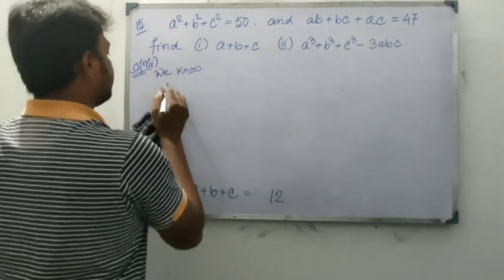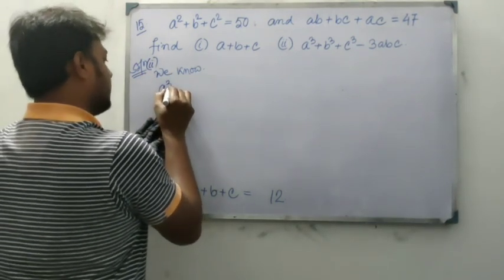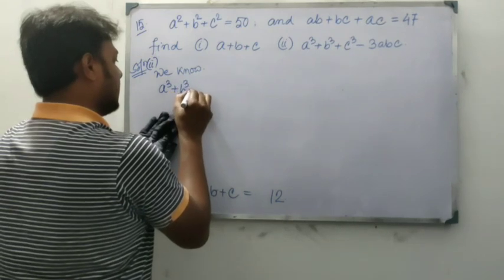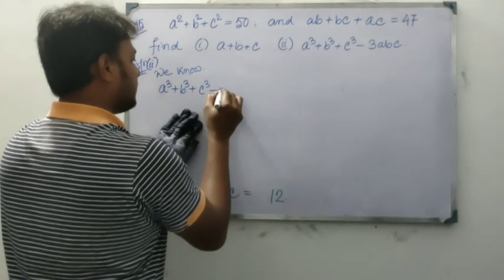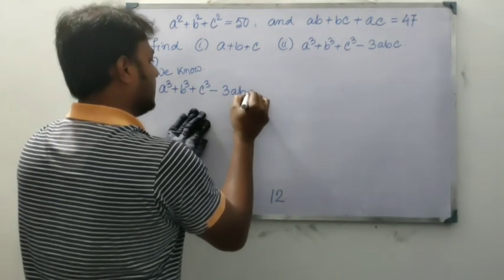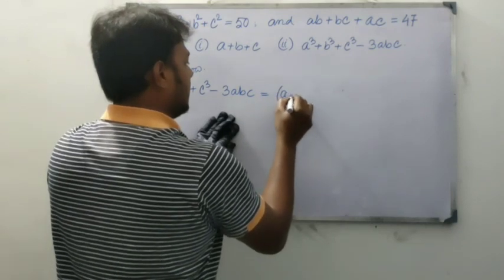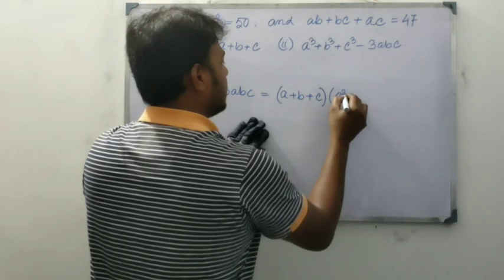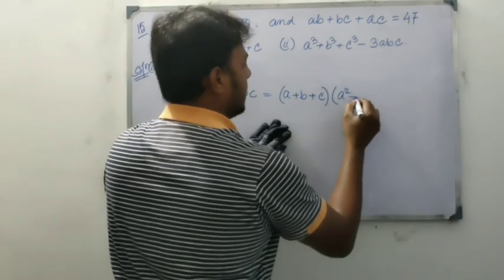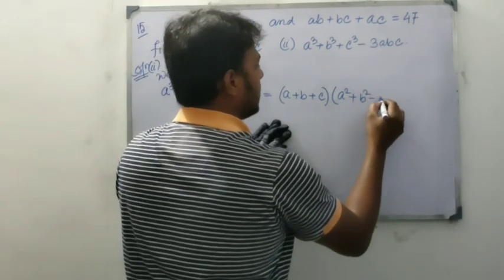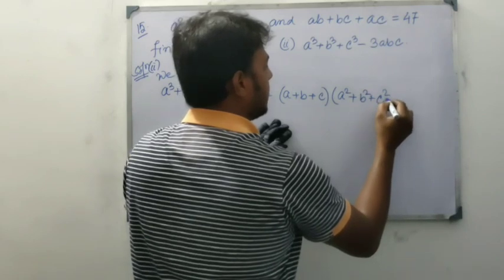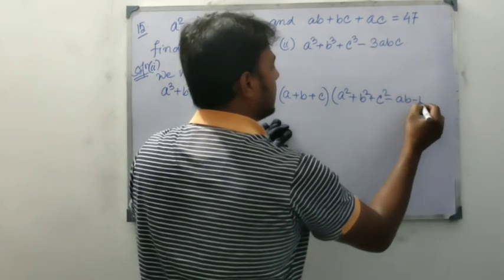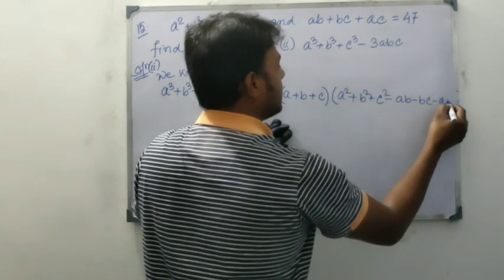We know a cube plus b cube plus c cube minus 3abc equals (a plus b plus c) into (a square plus b square plus c square minus ab minus bc minus ac).